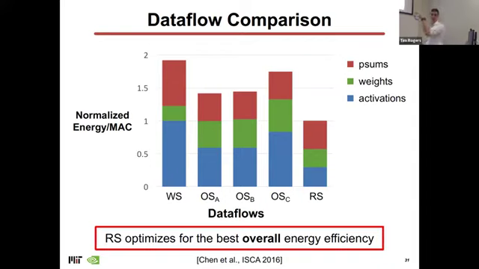And then, of course, there's that thing, which is row stationary, which is RS. No individual component is less than any of the other individual components, but they've traded off the energy movement. So you spend more energy moving weights in row stationary than you did in weight stationary, but you spend far less energy moving activations around, because now there's activation locality.